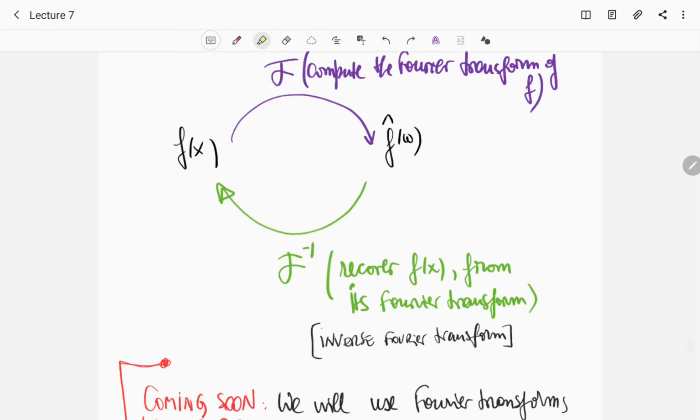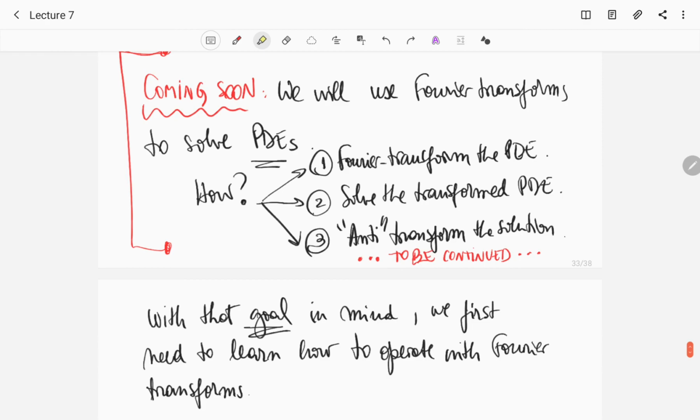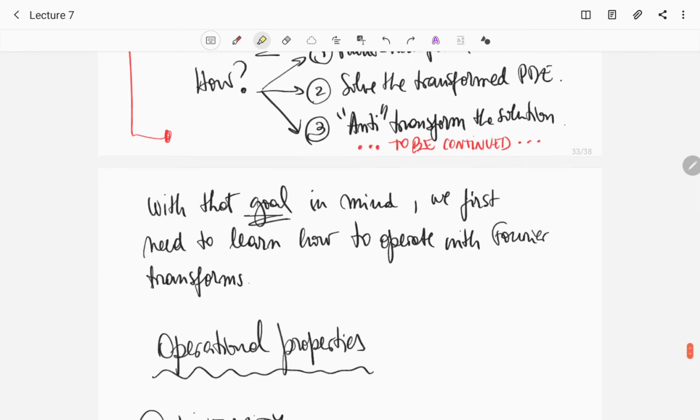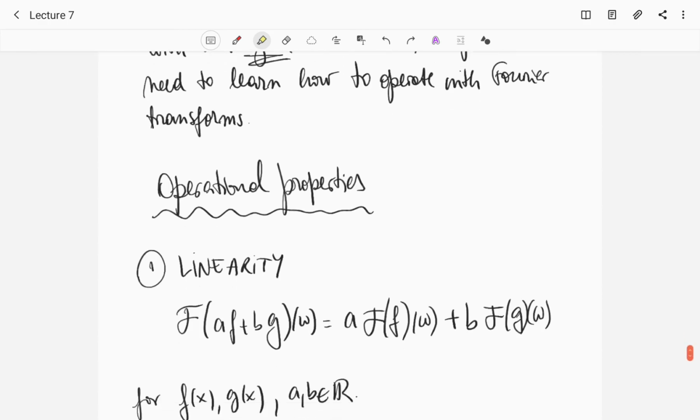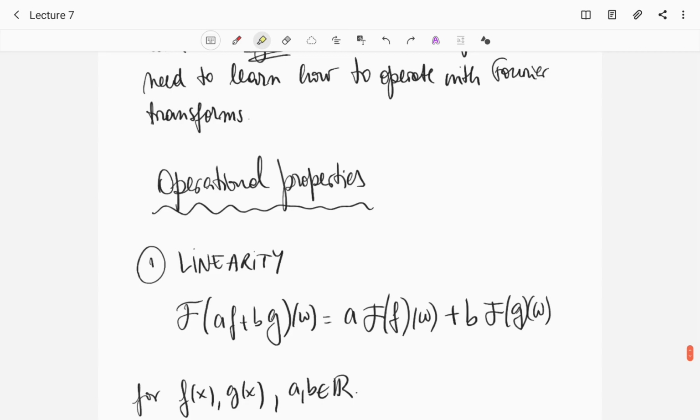So now for finishing this lecture, we mention some properties that we will need in the next one. With that goal in mind, we first need to learn how to operate with Fourier transform, and some of them are part of the exercises that you have to do on Thursdays. So, operational properties.